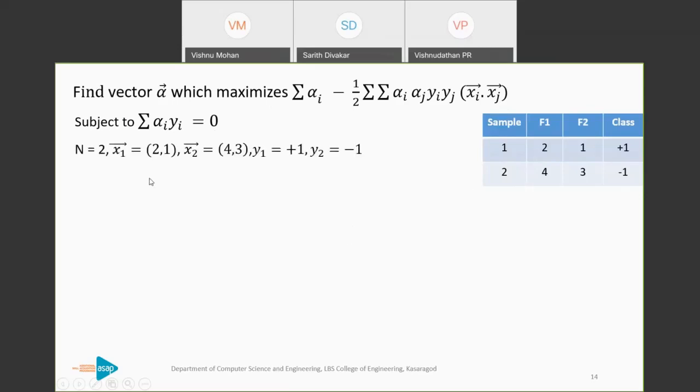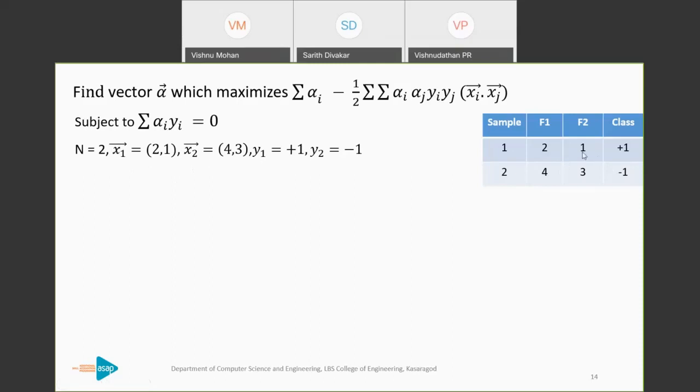So let us write the values. How many samples you have? You have two samples. So the sum function now will be i is equal to 1 to 2, and the double summation will be i is equal to 1 to 2 and j is equal to 1 to 2. Now the feature vector x1 is (2, 1), and feature vector x2 is (4, 3).